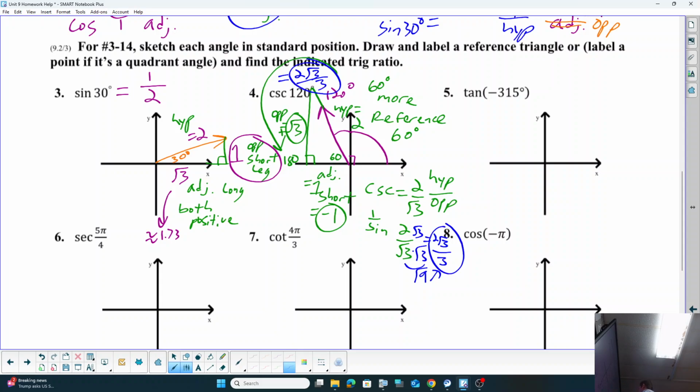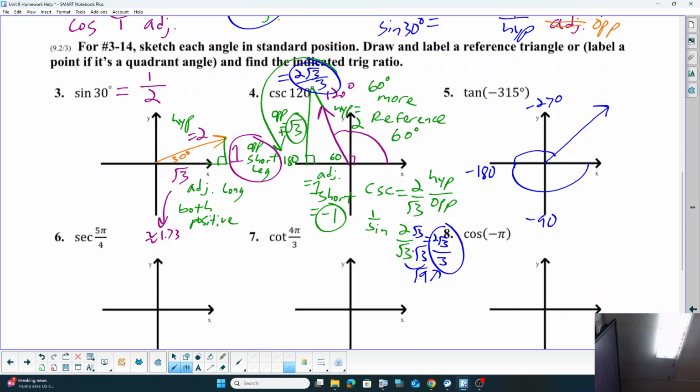Cool. And then what's negative 315 degrees? So that's going to be all the way around. Negative 180, negative 90, negative 270, then negative 315.